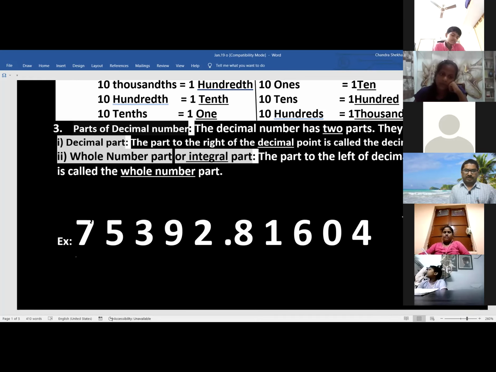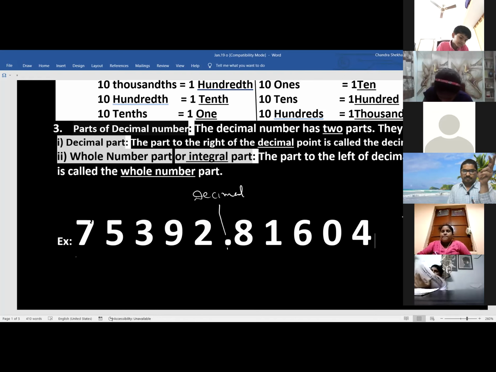We know now a decimal number has two parts. What is this? Decimal point.